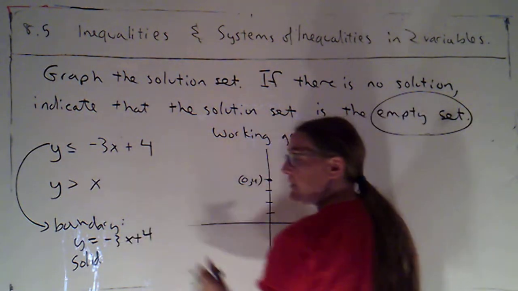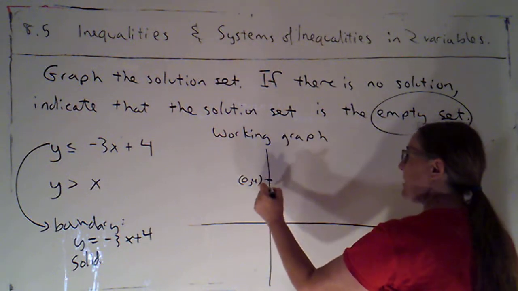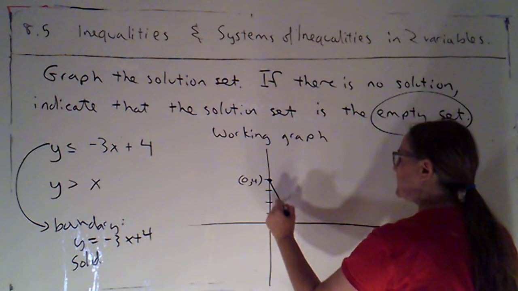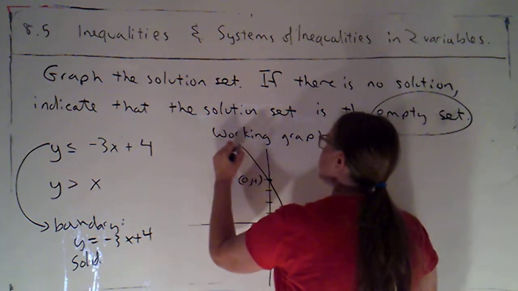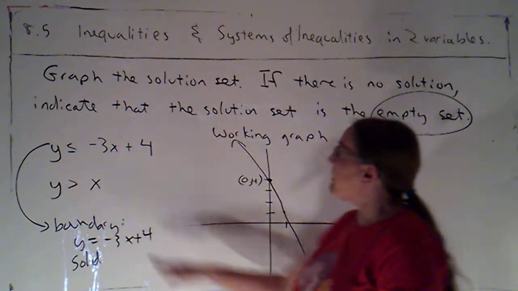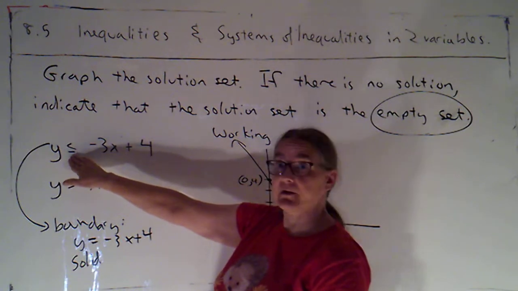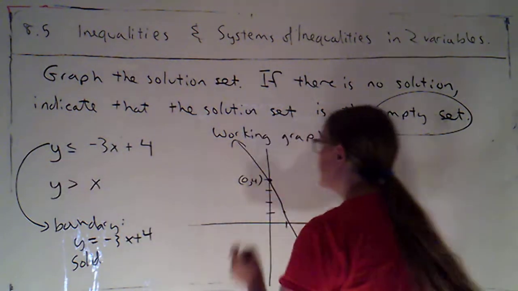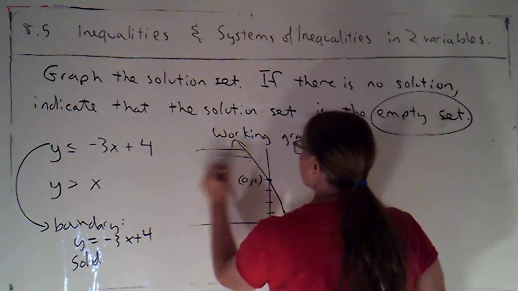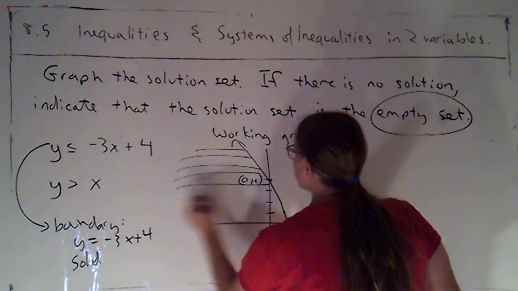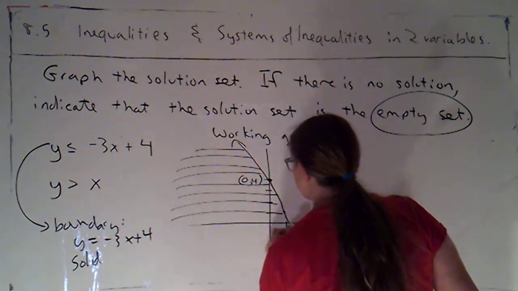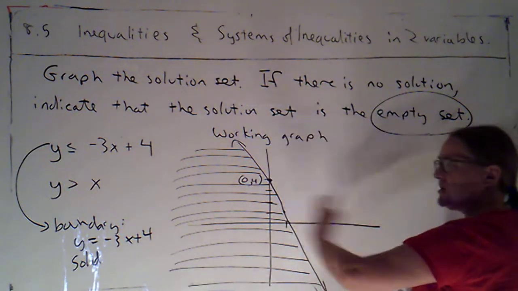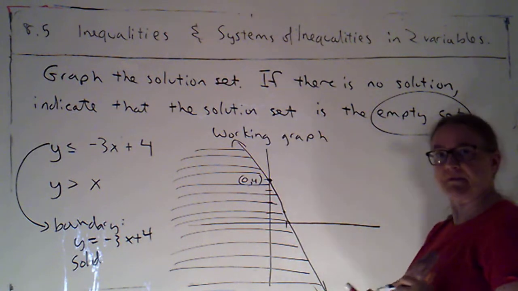Our slope is negative 3, so I'm going to count down 3 over 1, and I'll connect those dots with a solid line. Now I wanted y less than or equal to that. I know that y values are smaller lower down, so I'm going to shade below that line. And I'm just going to make it a little easier to see when we throw in our next inequality, I'm going to shade using these horizontal lines.